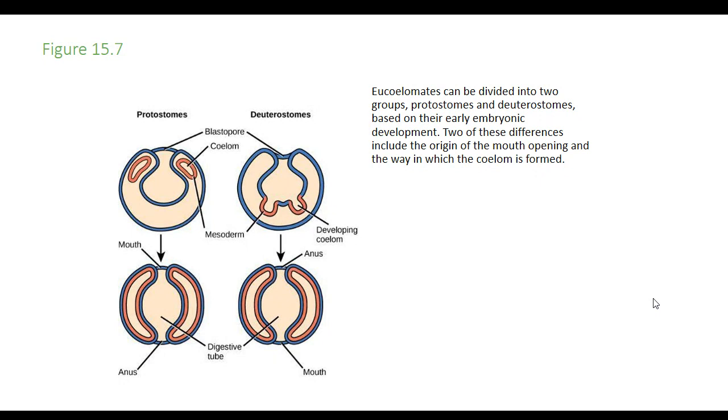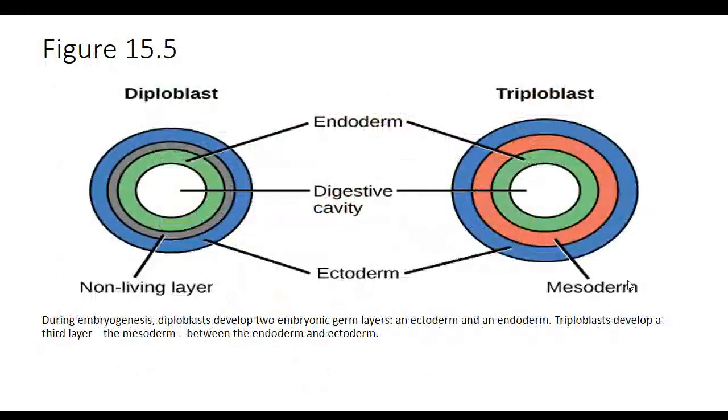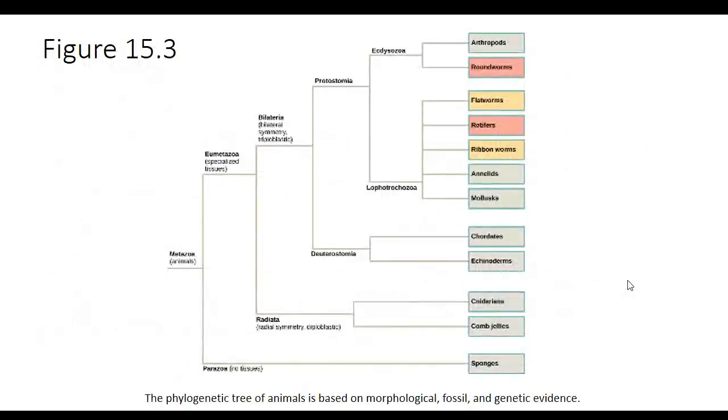That's the chordates, like us, the vertebrate animals, and also the echinoderms, the starfishes. So going back to this evolutionary tree, we see the deuterostome group, Deuterostomia.